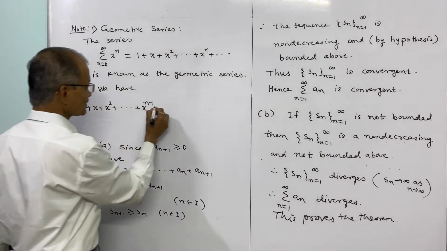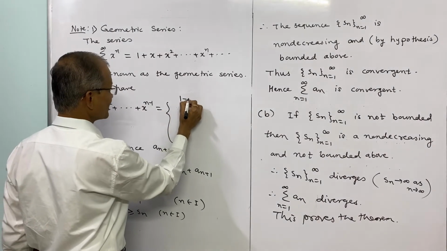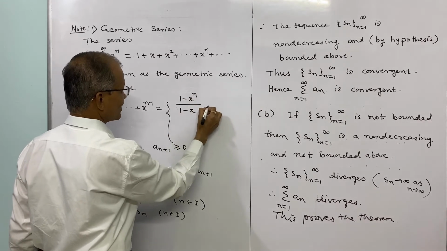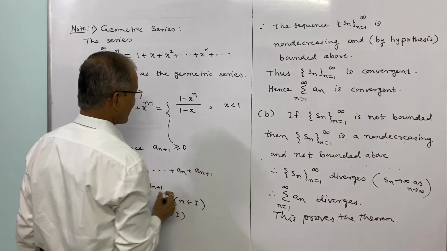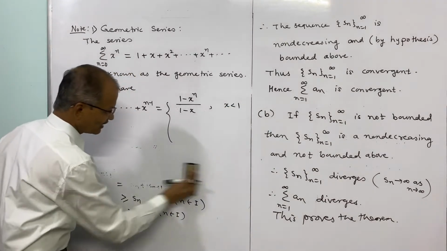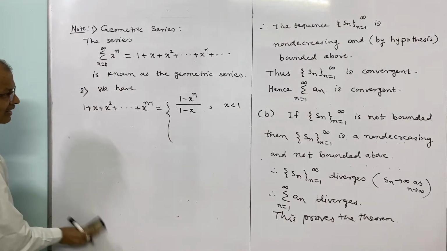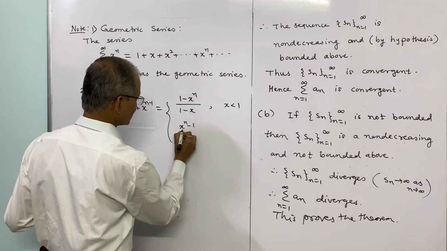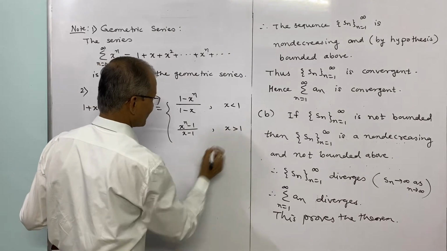Therefore the sum is given by this formula: 1 minus x to the power n divided by 1 minus x, if x is less than 1, or if x is greater than 1, we write x to the power n minus 1 divided by x minus 1.